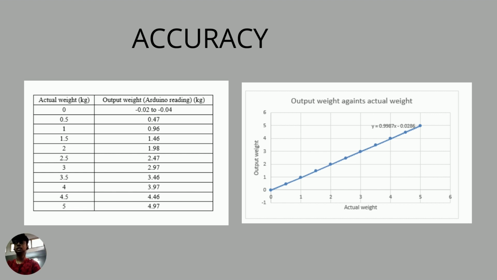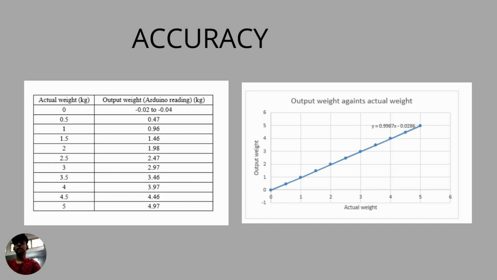So the relationship is that output weight is directly proportional to the actual weight. The linearity of the graph represents the accuracy. So it means our weighing scale is quite accurate, where we minimize the error between the fluctuation points.